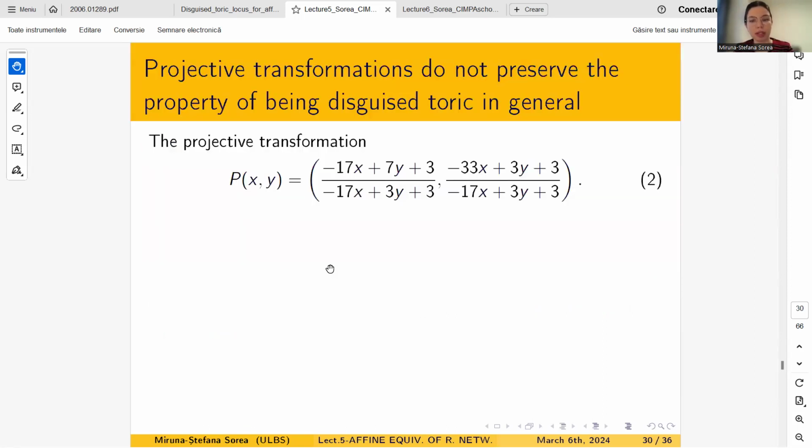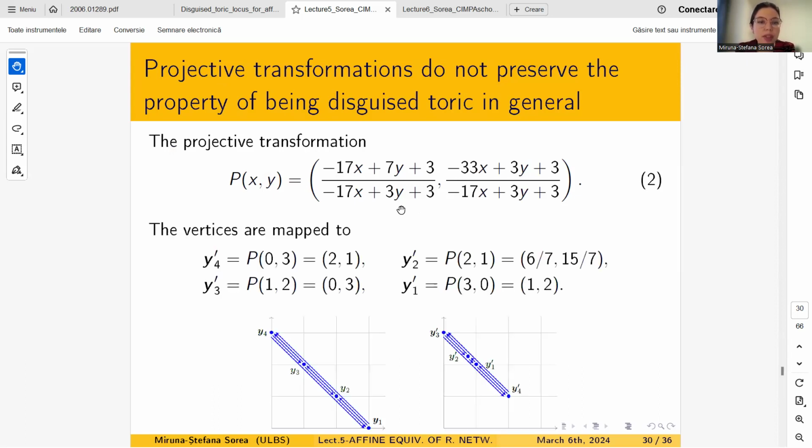So let's look at an example here. If we consider such a projective transformation, here it's a simple one, what happens with this network? We come back to the network that we looked at last lecture. It's the quadrilateral on a line, as we call it. These vertices have coordinates 0, 0, 3, 2, 1, so here is 2, 1, 1, 2, and 3, 0.